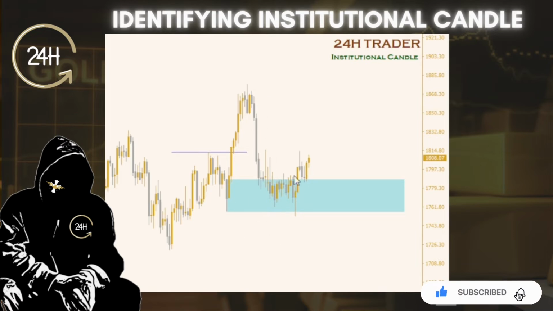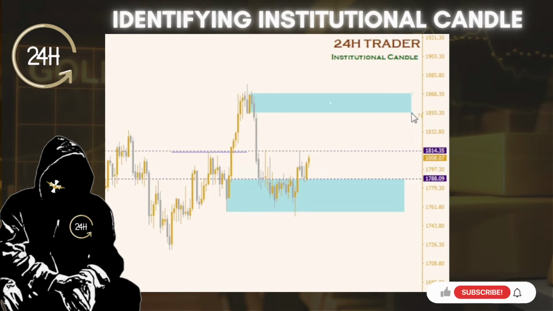You can see that this move also broke this structure, these highs before, and since there is a break of structure, this is a confirmed institutional candle, and the market will pick that area again. That's why the market fell and picked this area again and then bounced.